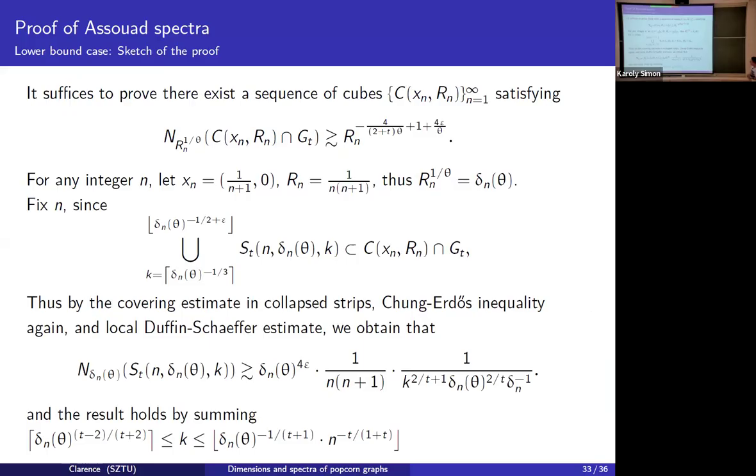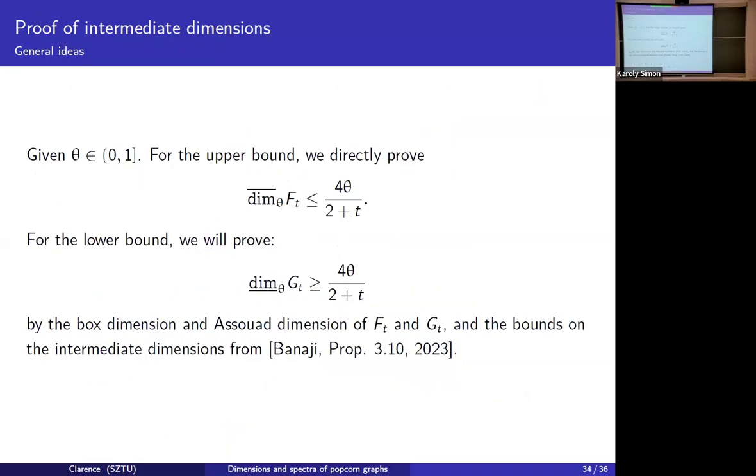It's just to say, at first we cut the curves into the cleft strips, and using the covering estimate in cleft strips to add those inequalities and the different shape estimate again, we get the desired lower bound, and taking the sum from the desired values, we get the desired arguments. So here is the proof of the alpha spectrum.